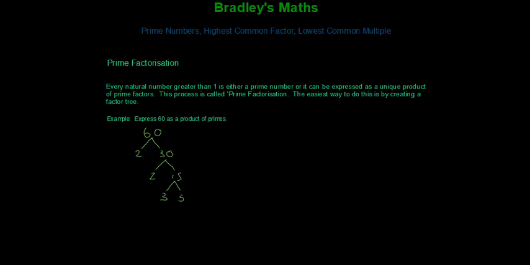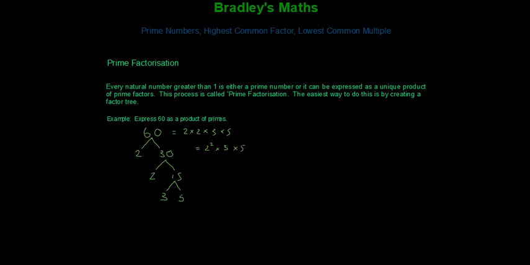The bottom of every branch is a prime number, and 60 equals 2 times 2 times 3 times 5, which in turn equals 2 squared times 3 times 5.